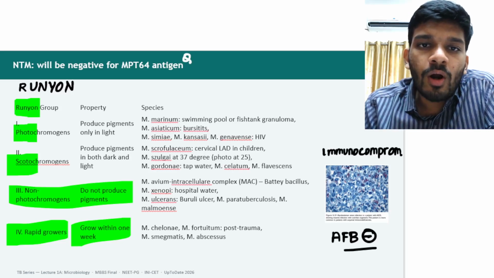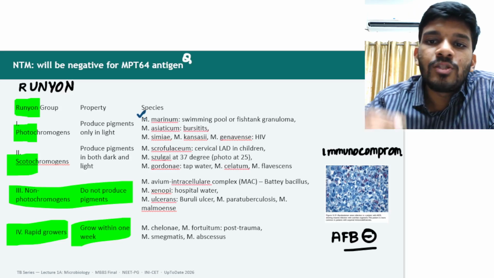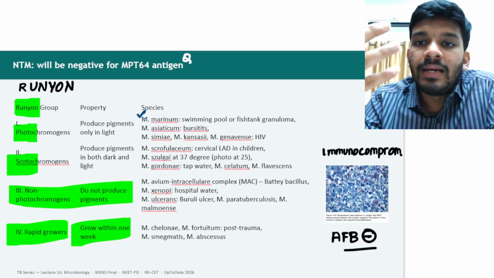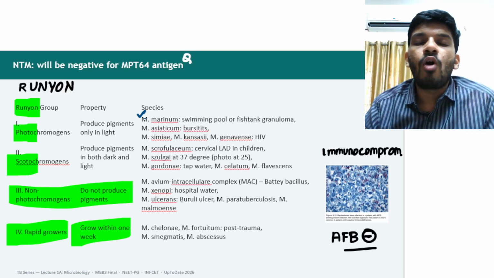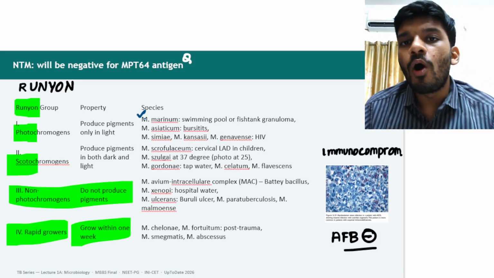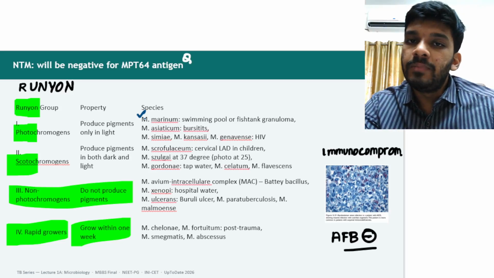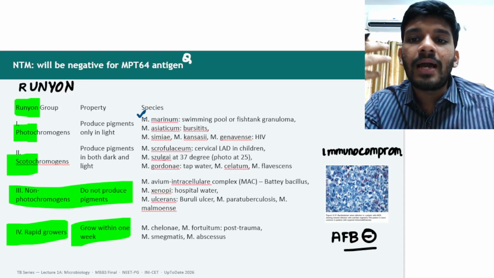Now, out of these, the important ones you should know, one is Mycobacterium marinum. As you can make out, the name marinum means something related to swimming or marine life. They are common in swimming pools or fish tanks, and fish handlers get this disease on their hands. The disease is also called fish tank granuloma.